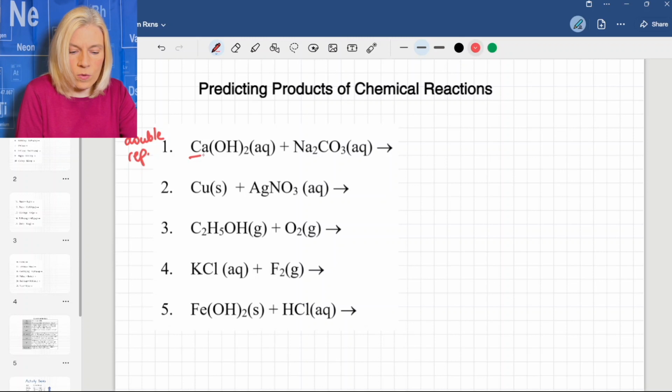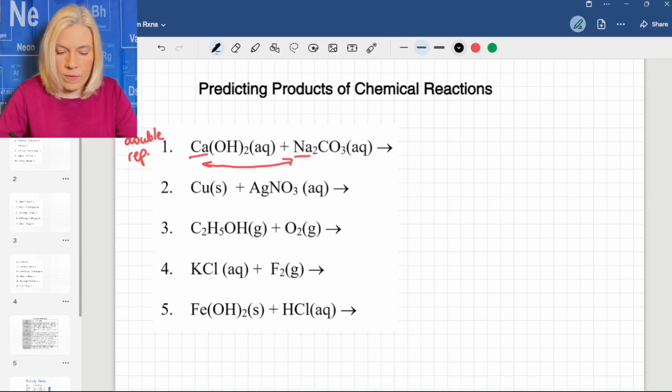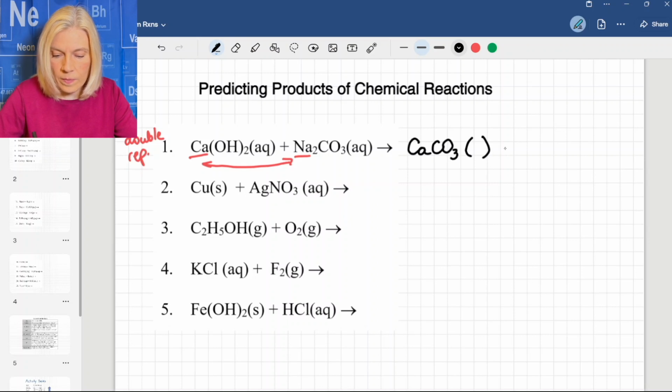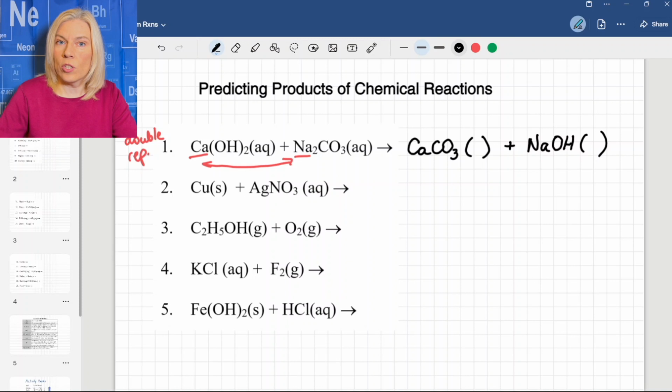So my two cations will switch places. And what am I going to have? I'm going to have calcium carbonate plus sodium hydroxide. And I have to now look at my charges to make sure that my new compounds are neutral.